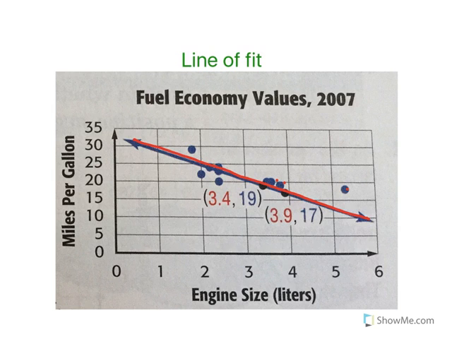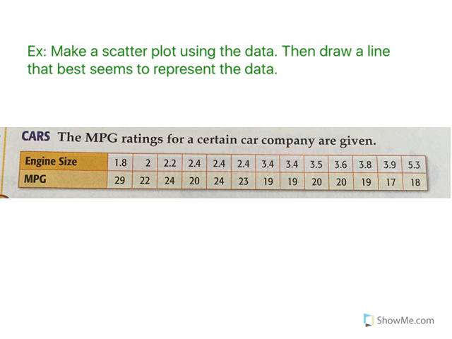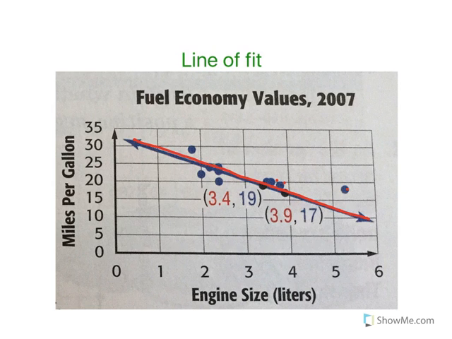That's all you have to do for that line of fit. You're given your data points. These are your x values, these are your y values. So you're graphing each one individually on your coordinate plane, and then you're drawing your line of best fit.